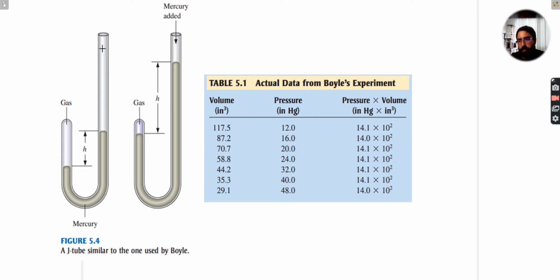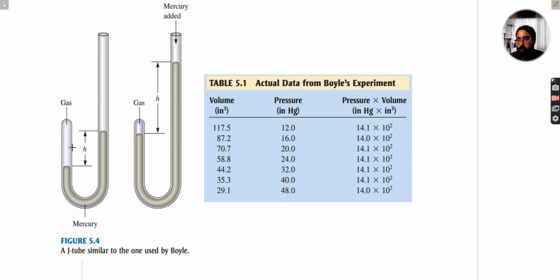They filled up a container, right? Gases fill up the entire container. So he filled up this container and then added mercury in here, and the mercury pushed the gas all to one little corner.